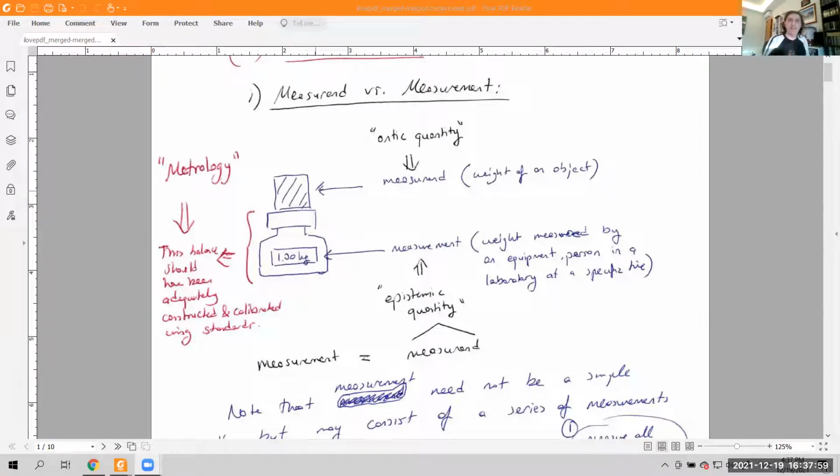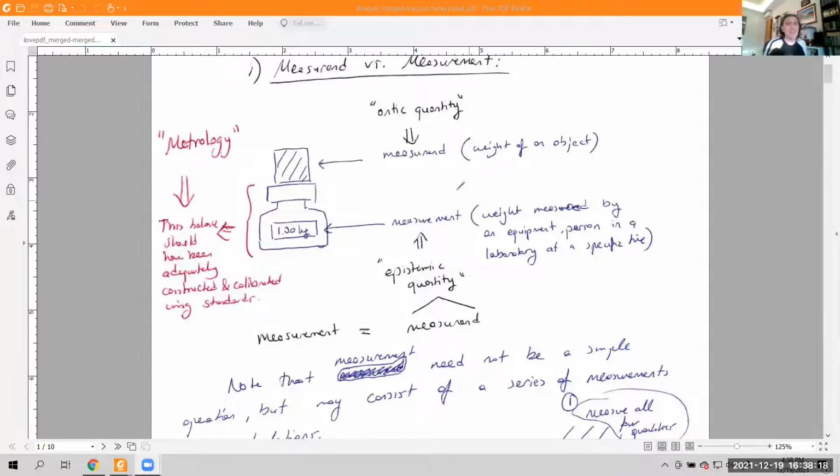We should distinguish between what we measure here, which is an ontic quantity, the measurand, which is some real outside objective reality, I may say. All right. And we should distinguish between this concept and measurement: what we observe or what we measure, how we gain information about this outside world.